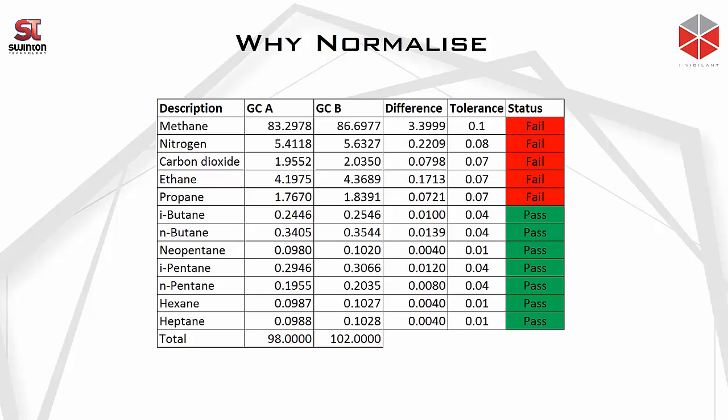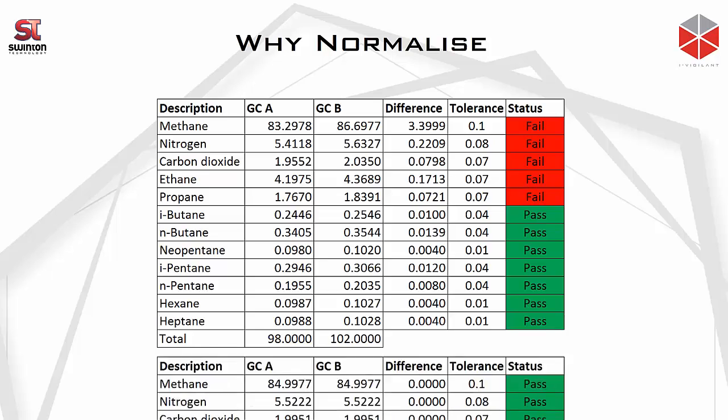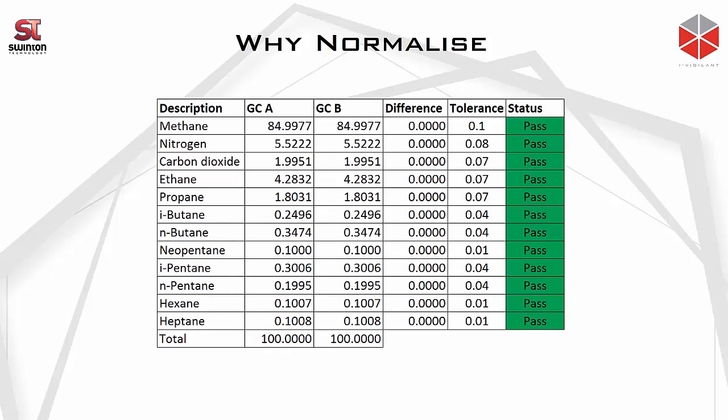So you can see that the tolerance fails on most of the components in the comparison. However, when we normalize them, it's actually the same exact gas composition. This is hypothetical data, just to show the impact of using the unnormalized total when we compare the data.